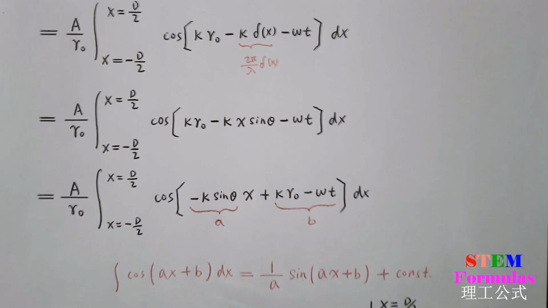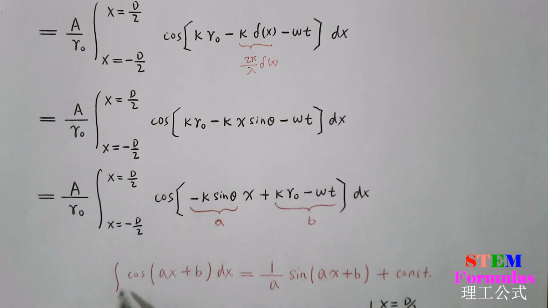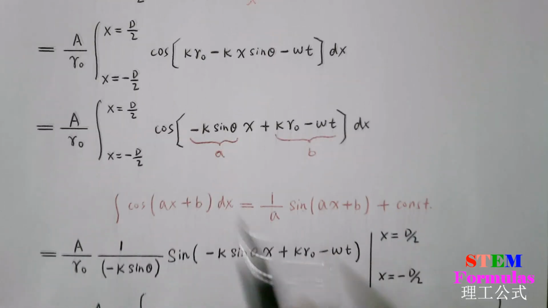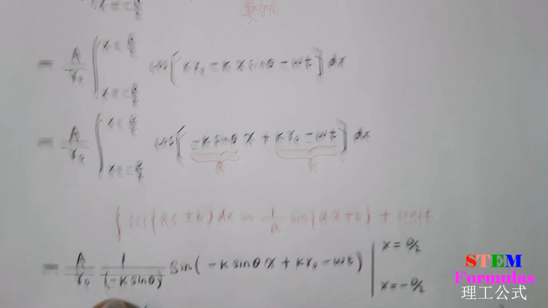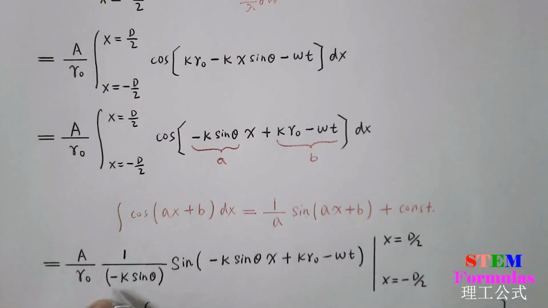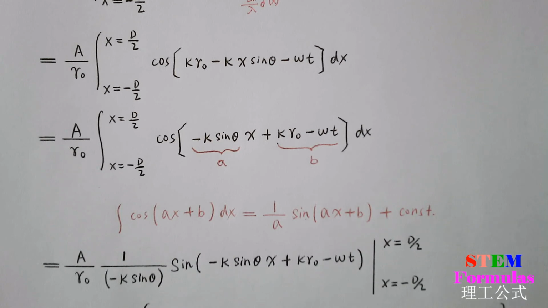Now I have this cosine, and I employ this mathematical integral. So this one equals 1 over a, and this is my a. Then here, sine of ax plus b.